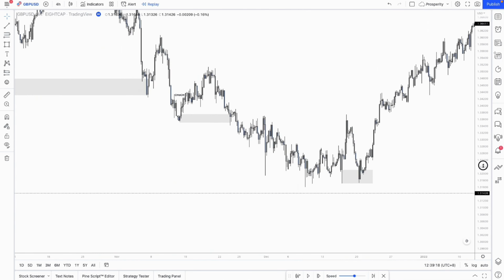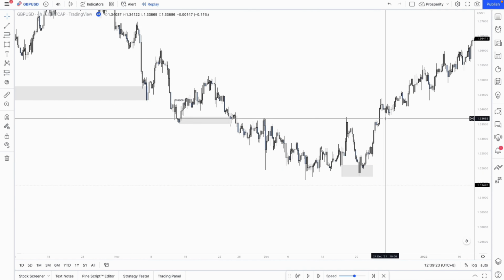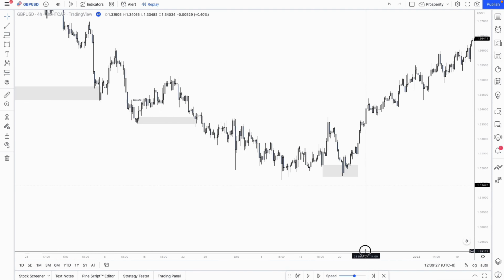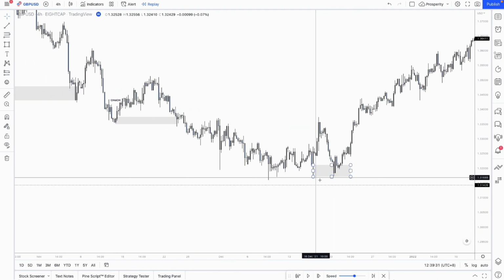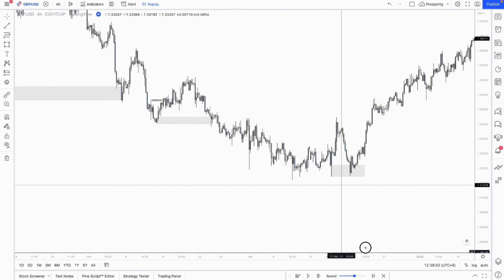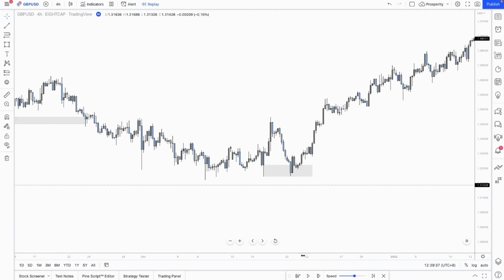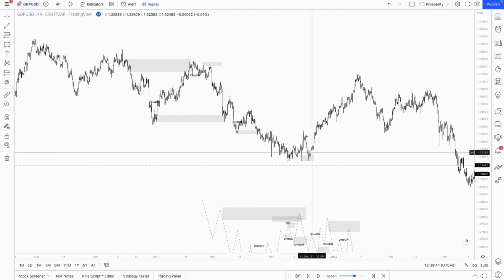Now, how do you know when it is a probable area for the change of character? Well, really you don't, unless it's combined with higher time frame order flow. So in this example right here, you don't really know that price is going to pull back overall in the order flow leg until it just does.